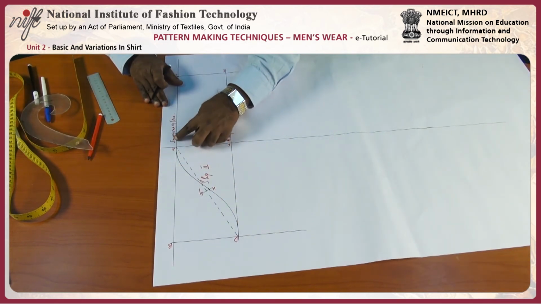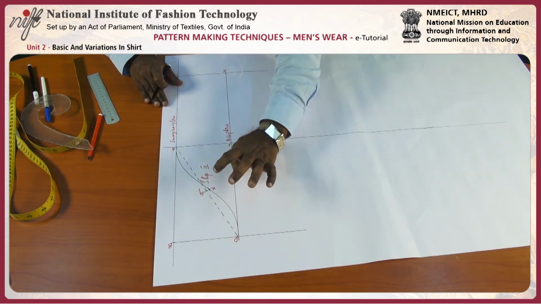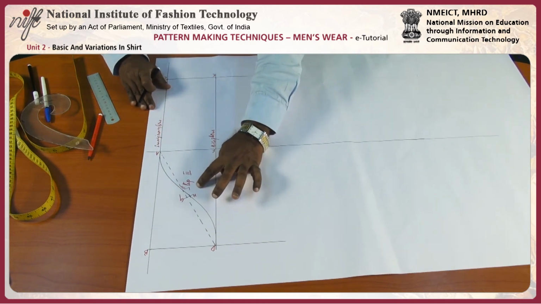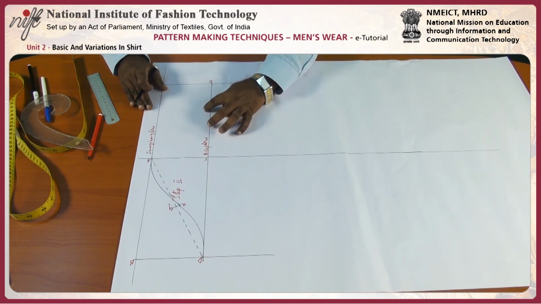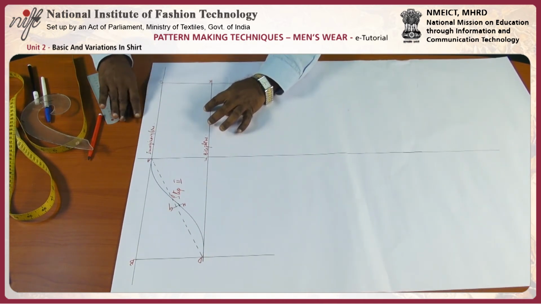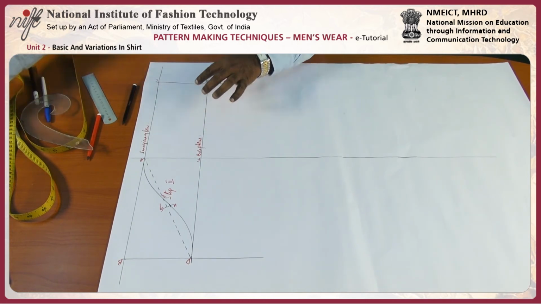This should be one continuous curve. Repeat this on the other side with the following measurements.